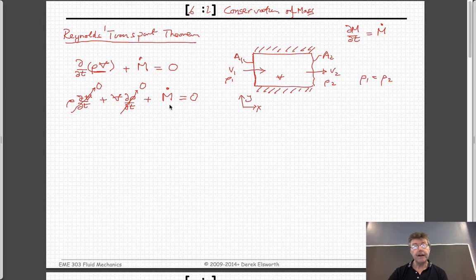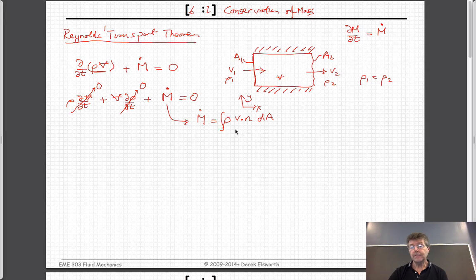So remember now that mass rate of change is equal to a density times a normal-to-the-boundary velocity multiplied by an area, which is our way of writing it.